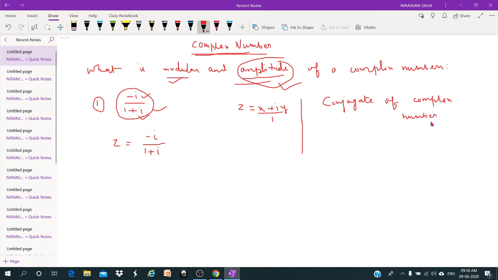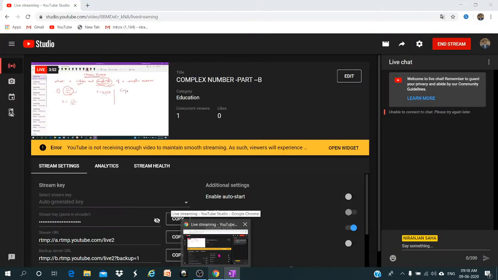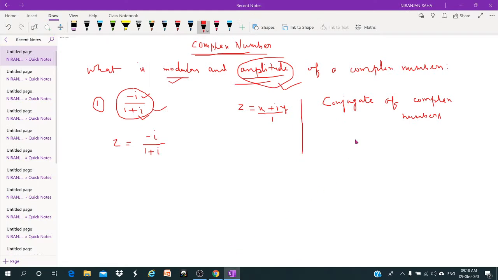But there can be two types of conjugates. Since 1 plus iota is the denominator, we can take the first type, minus 1 plus iota, and the second, 1 minus iota.